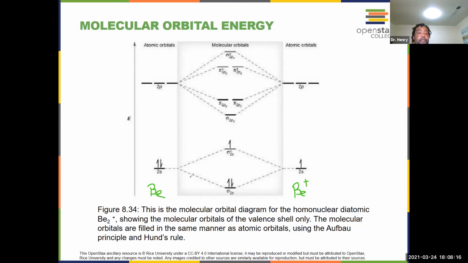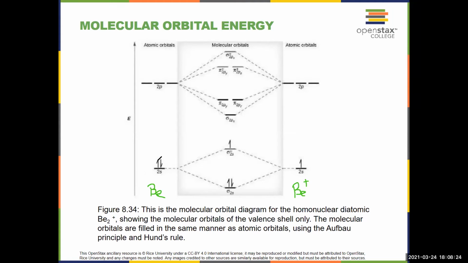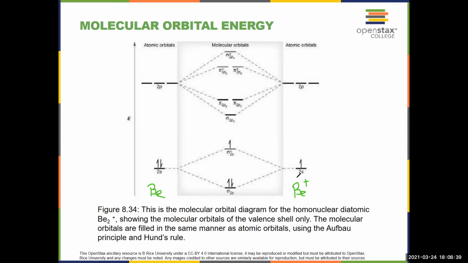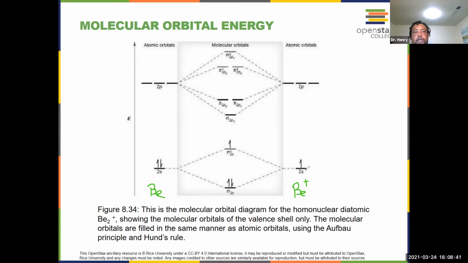If we talk about the number of valence electrons, beryllium has how many valence electrons? 2. So we have both electrons represented here, one going up, one going down, opposite spins, right? Okay, and then here we have just that beryllium, which has lost 1 electron. So it just has 1 electron.